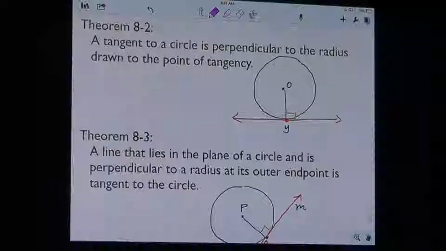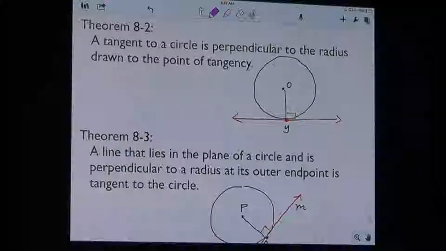So if you have a tangent, then it will be perpendicular to the radius that's drawn at the point of tangency. So basically that's the if.